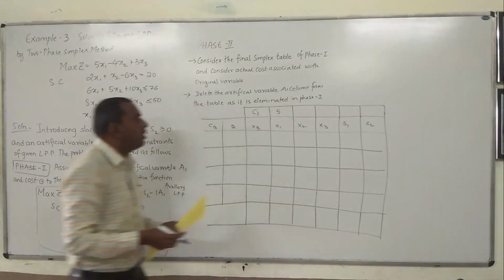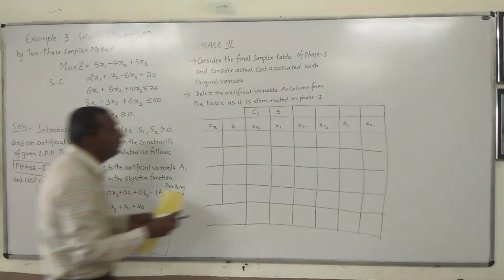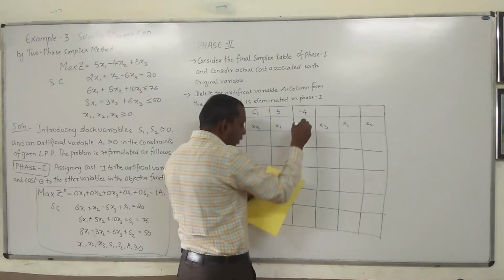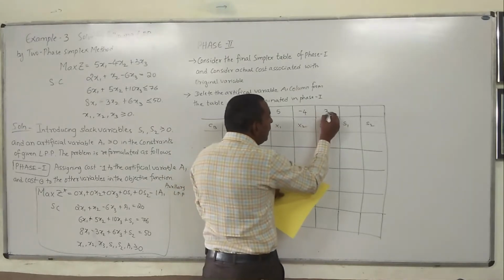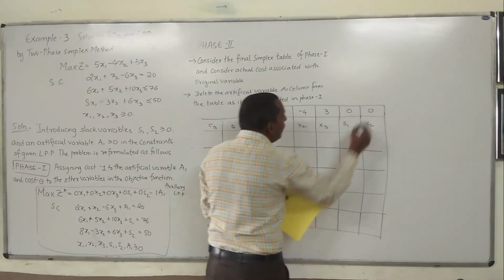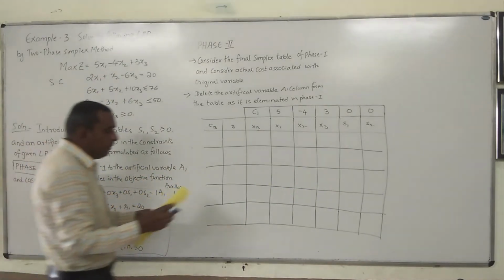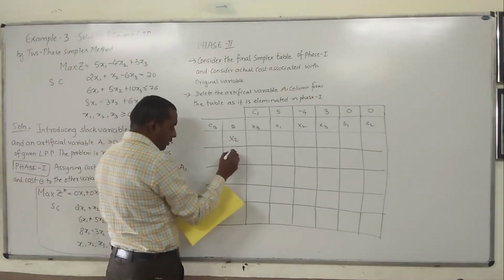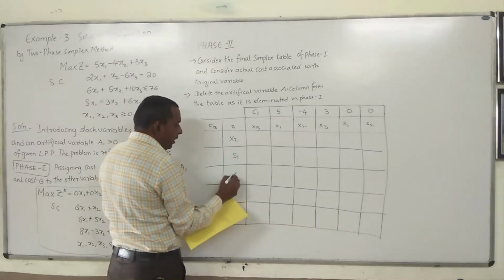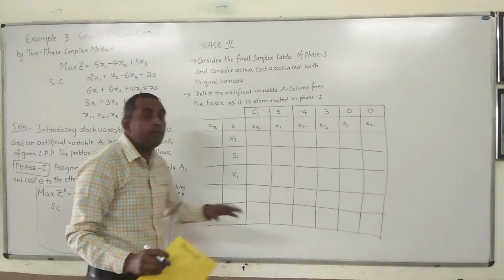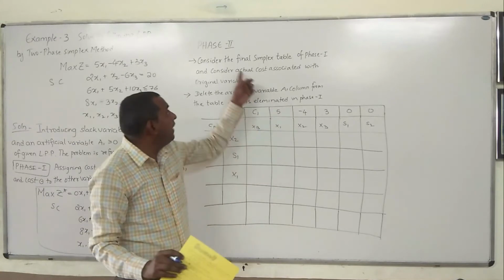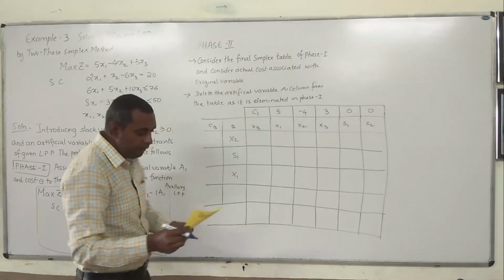These are the actual cost, that is 5, minus 4, 3, 0 and 0. These are the actual cost. 5, minus 4, 3 and basis x2 followed by x1, taken from the final simplex table of phase 1.